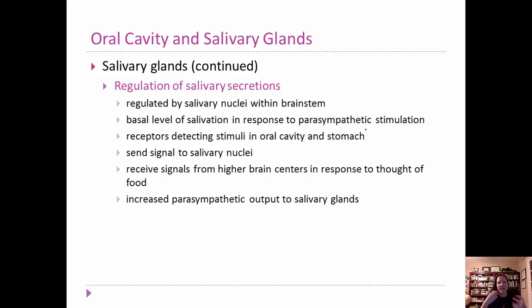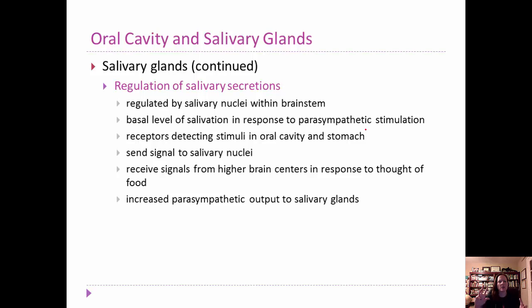What happens is we take in food, and these chemoreceptors are going to detect the food in our oral cavity, and then send that signal to the salivary nuclei. Actually, before you even put food in your mouth, you are secreting saliva, right?